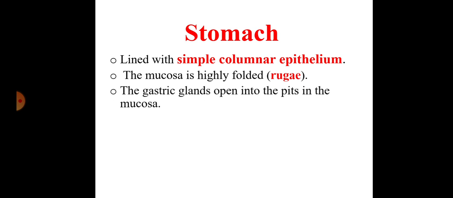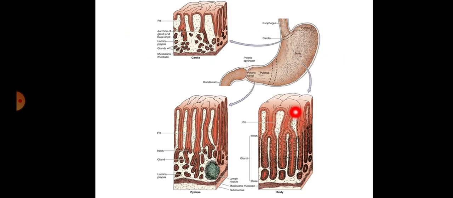The gastric glands open into the mucosa. This is a fold of mucosa known as rugae. The glands open here into the mucosa.